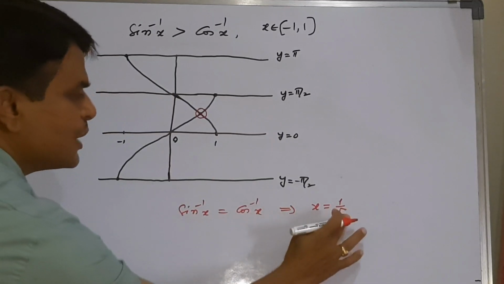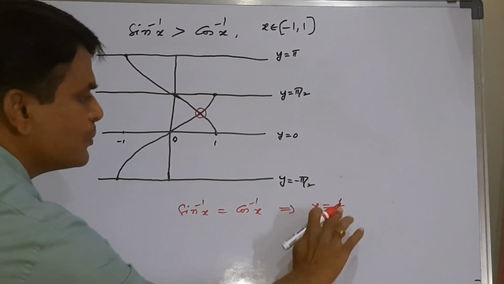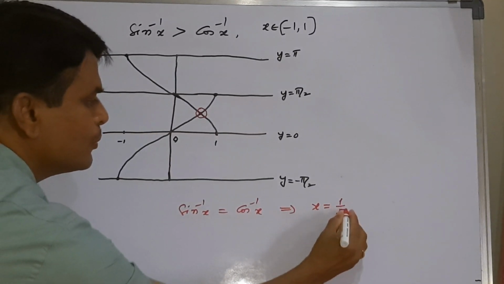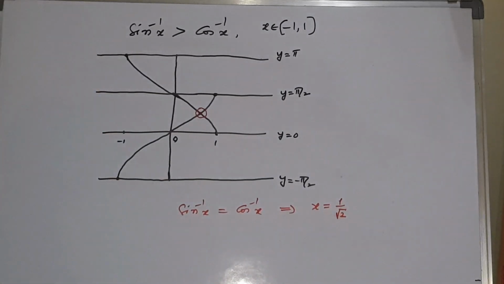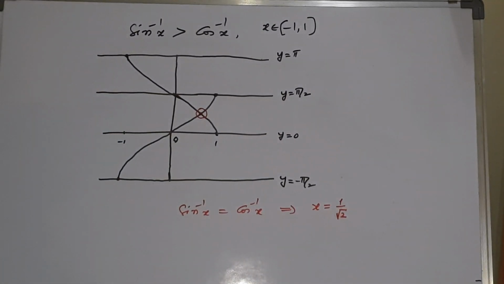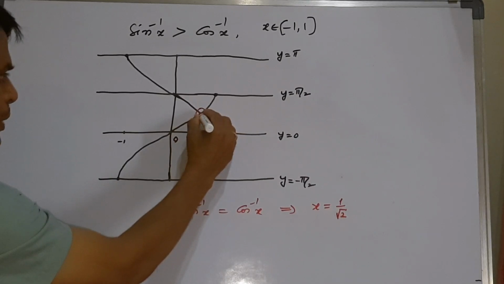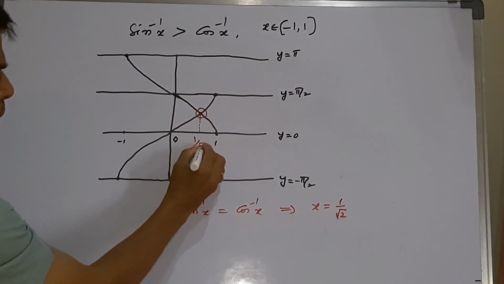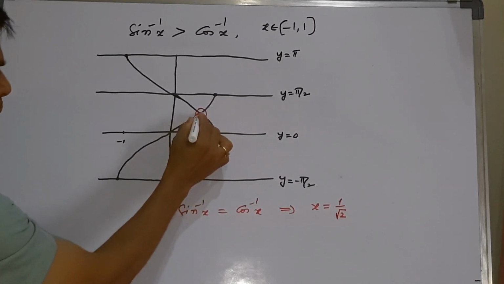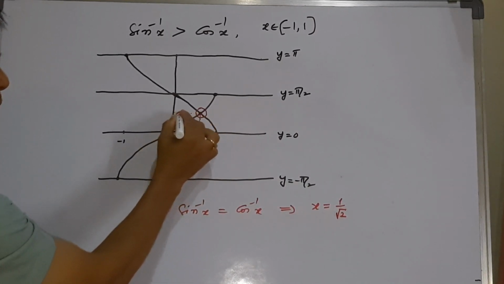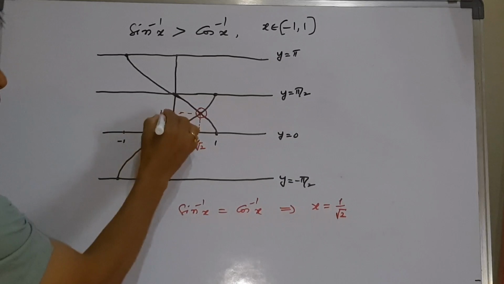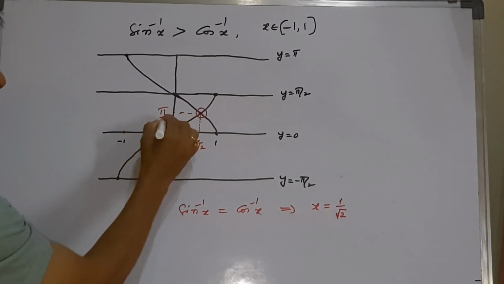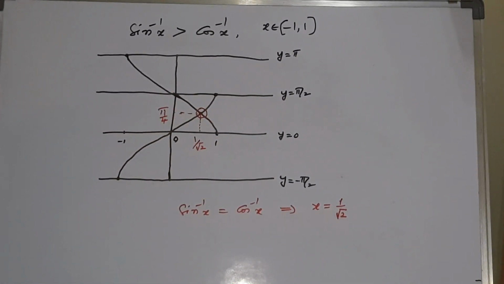Since sin pi by 4 is equal to cos pi by 4, that is equal to 1 by root 2. So this corresponding x value will be 1 by root 2, and this corresponding y value is pi by 4. That is the meaning of that.